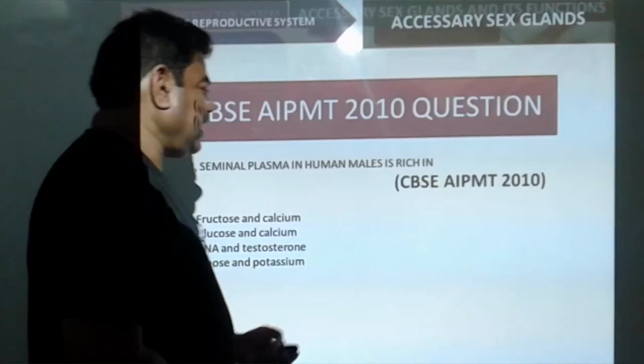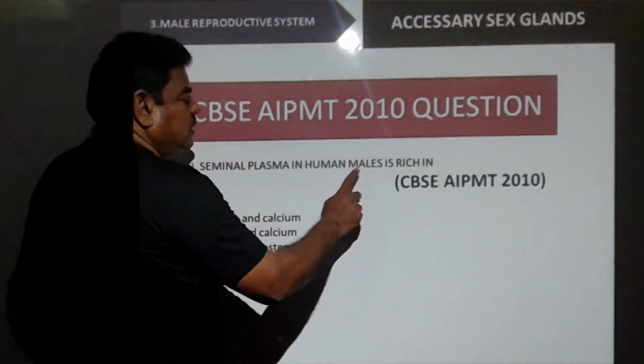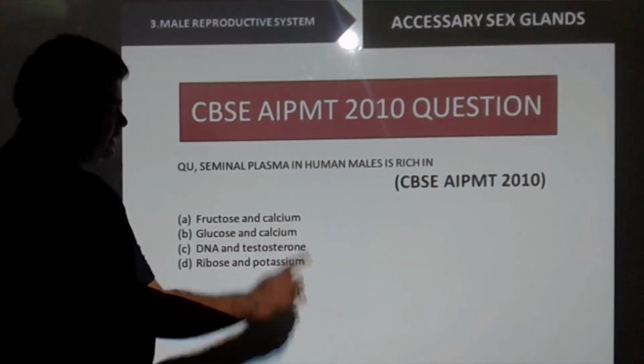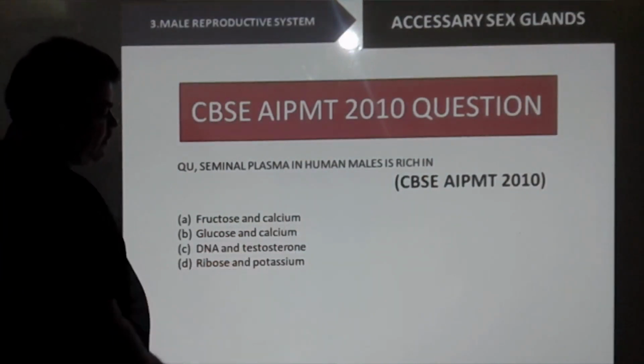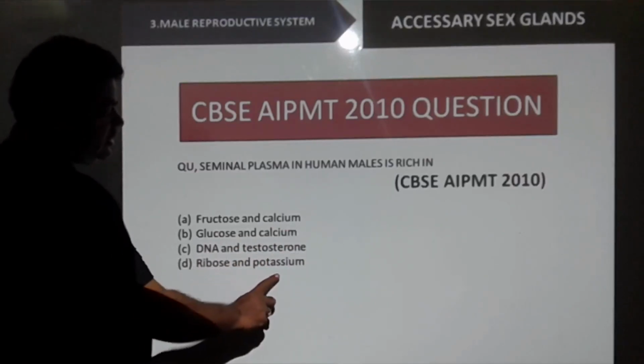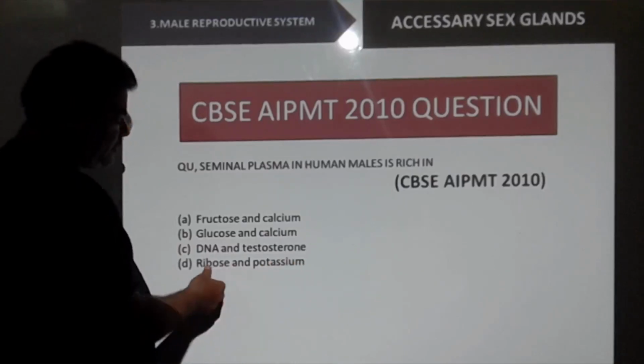So the question is: seminal plasma in human male is rich in number one, fructose and calcium, second, glucose and calcium, third, DNA and testosterone, next, ribose and potassium. See here, ribose sugar is not present here.